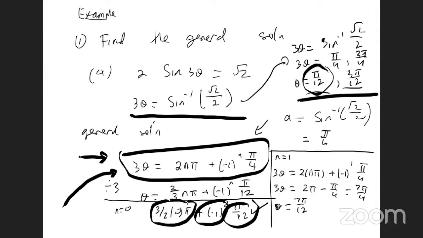N pi. I wrote the wrong thing. Oh, that's why. I don't know why I got the wrong answer. N pi. Right here. Sorry. Thanks, Sam.